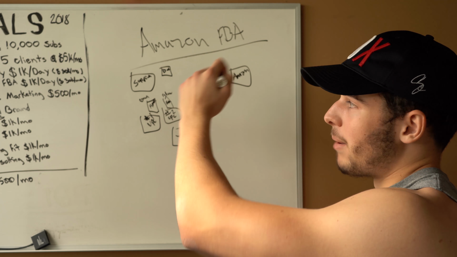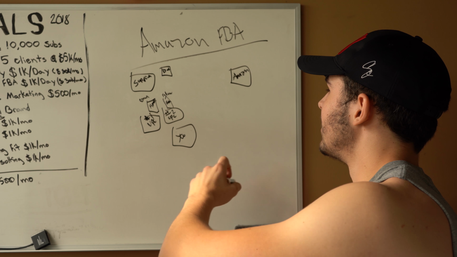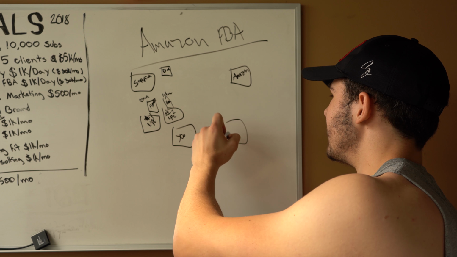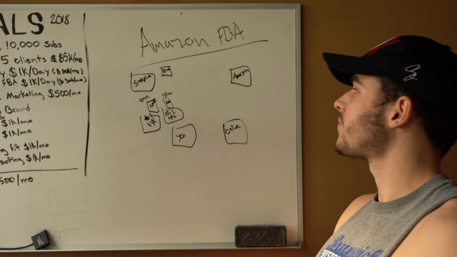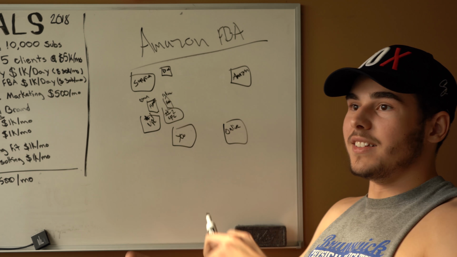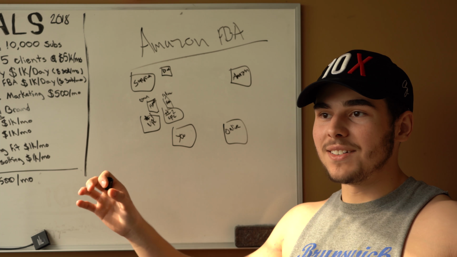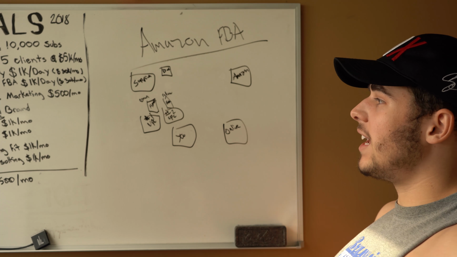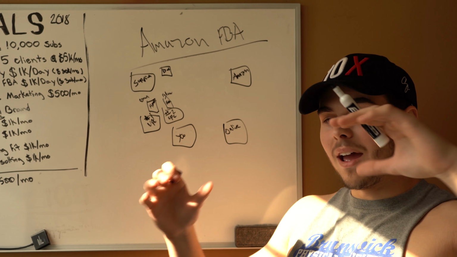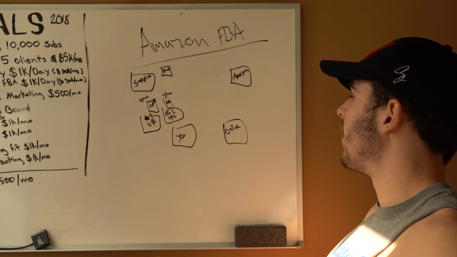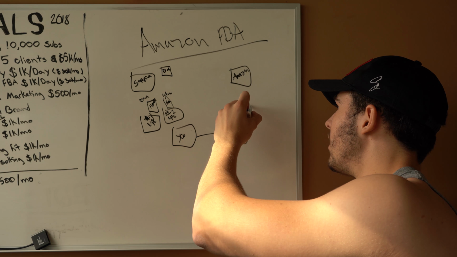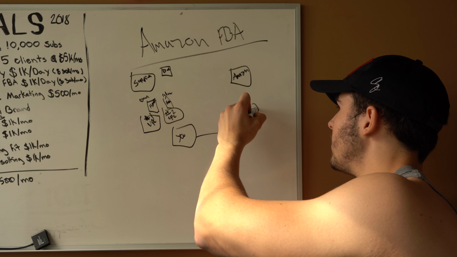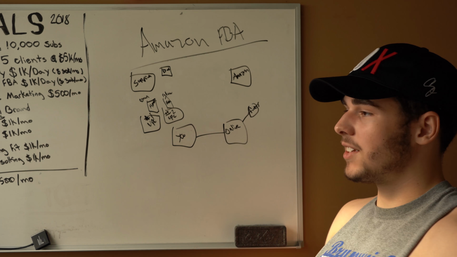So we're going to call this you, and the internet is over here. So online is the internet. How are you going to design a color box? How are you going to figure this out? When you have your product and all that good stuff, you go online to a website called Fiverr, the one-stop shop for all of the things that you can't do.